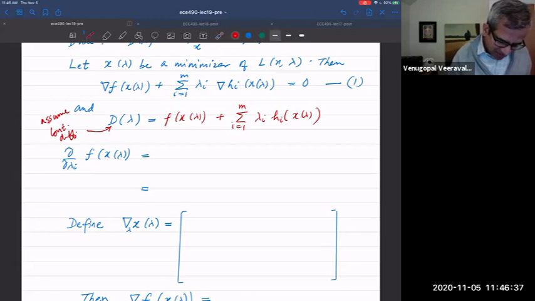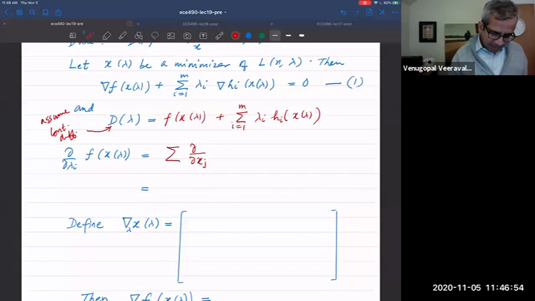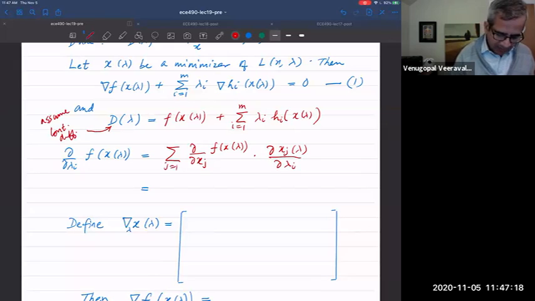I take the partial of f with respect to each component of x first, say x_j, evaluated at x(lambda). Then I take the partial of x_j(lambda) with respect to lambda_i, and sum this from j equals 1 to n.